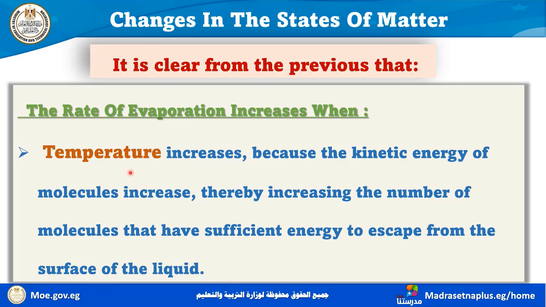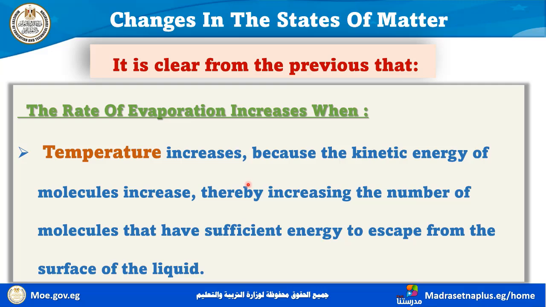So if we have high temperature, this allows the molecules to gain more kinetic energy, and the more kinetic energy the molecules gain, the more easily they escape from the surface of the liquid, turning into the gaseous state.